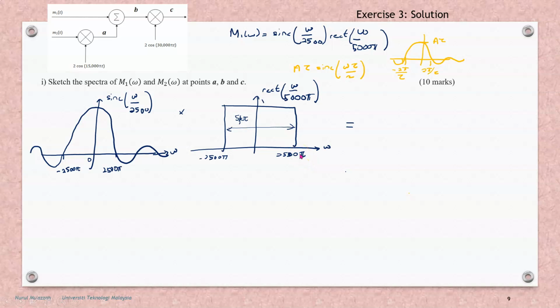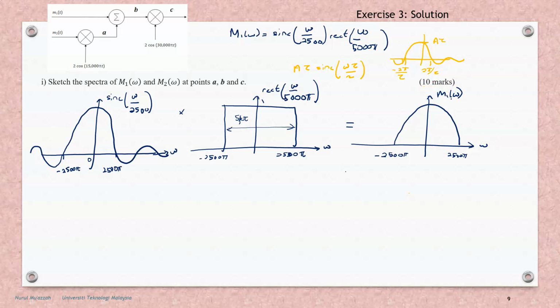It's just similar to a filter process, so outside of this frequency is filtered out. What we have now is actually only the dome part here, with frequency from negative to positive 2500 pi. So this is M1 omega.